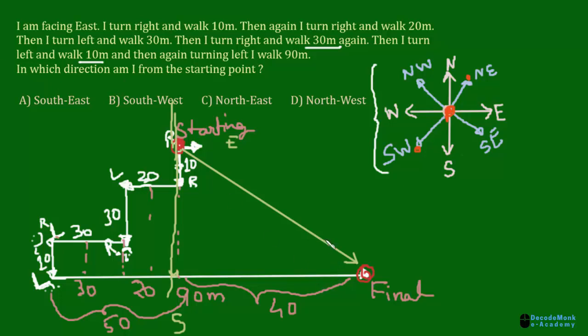So definitely my position is between east and south. So I am towards southeast from the starting point. So I am in the direction of southeast from the starting position. So this will be the answer. Southeast is option A. So option A is the right answer to this question.